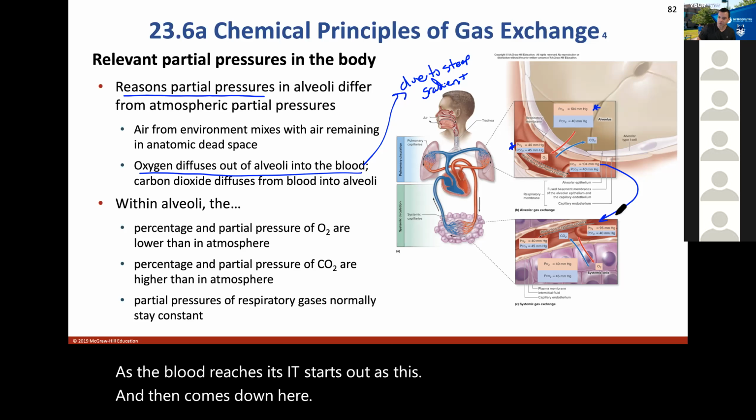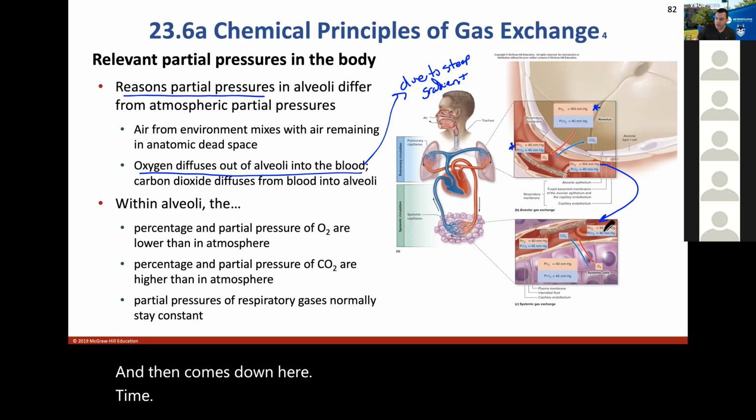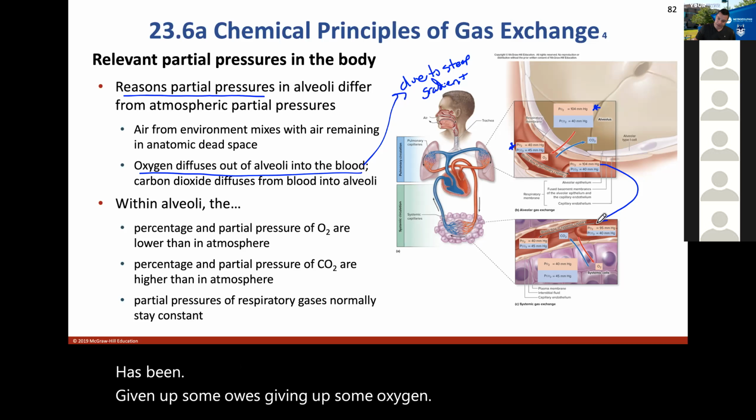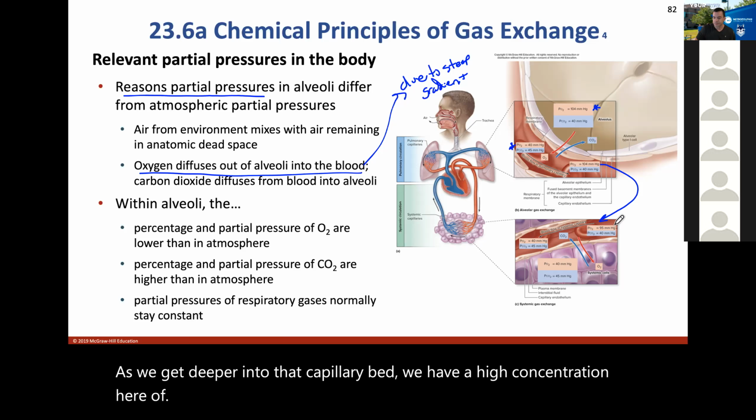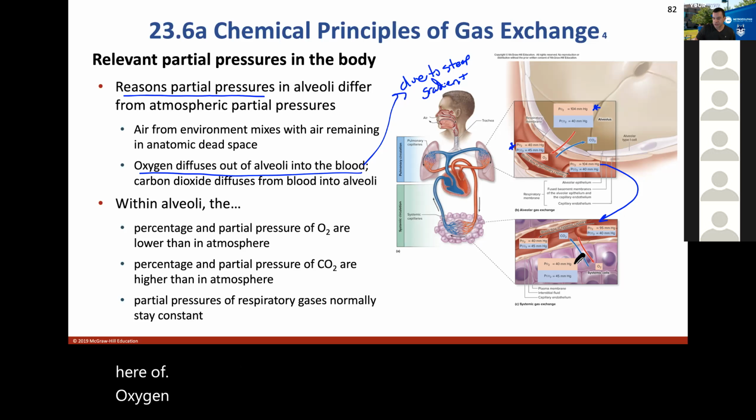This oxygen molecule, as you can kind of see, has been giving up some oxygen. As we get deeper into that capillary bed, we have a high concentration here of oxygen, and we have a low concentration within cells of oxygen.